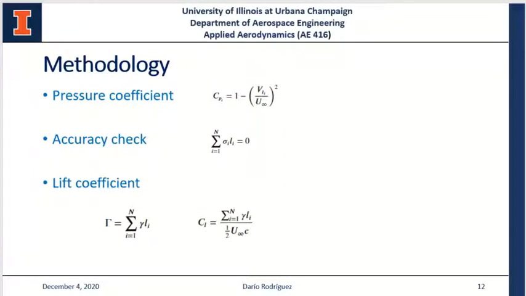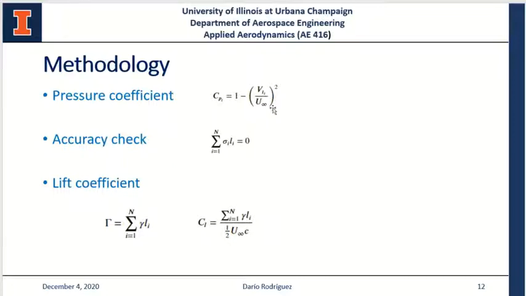So once we determine all the parameters that I mentioned previously, we are able to calculate this pressure coefficient with this equation, because we have already calculated the tangential velocity, which depends on the strengths that we have already determined.